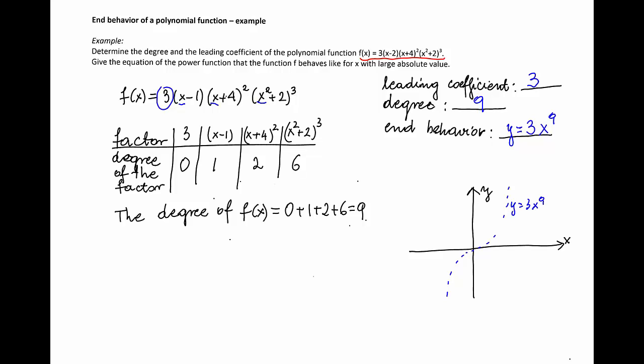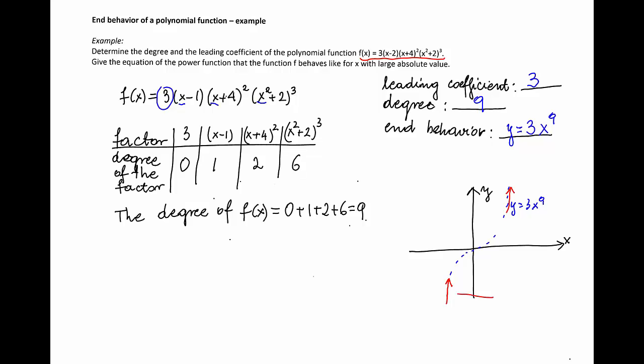Now we know that when x is large, as far as absolute value is concerned, the graph of the polynomial f of x behaves like this graph. So large values are on the left end. It means that I will start the graph of the polynomial f of x by going up from the bottom and end this graph going up when x is a large positive value.